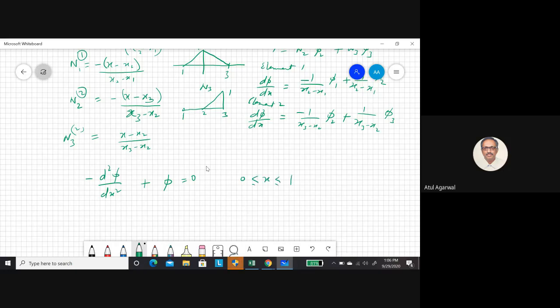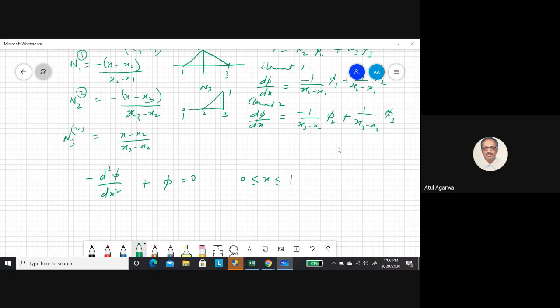Now if we assume this value of phi and put it here, you see we cannot satisfy the second derivative. Second derivative is 0 within each element, because these are linear functions. So you will get second derivative value as 0 within the element, but at the inter-element boundary you will find that this value is going to infinity.